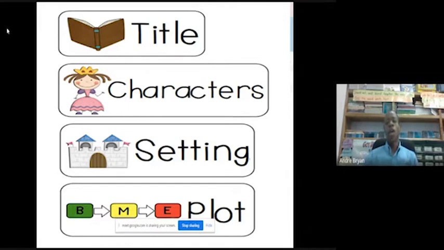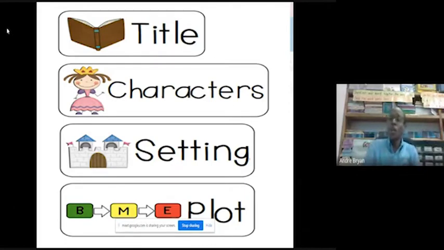Good job. Now I want us to also remember that a story also has what we call a plot. What do you think the plot is? That is right. The plot refers to the body of the story or the actions that take place in the story. A story must have a beginning, a middle, and an end.